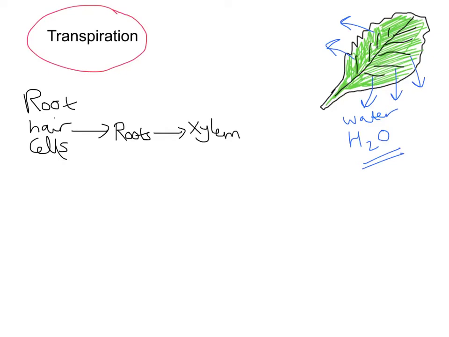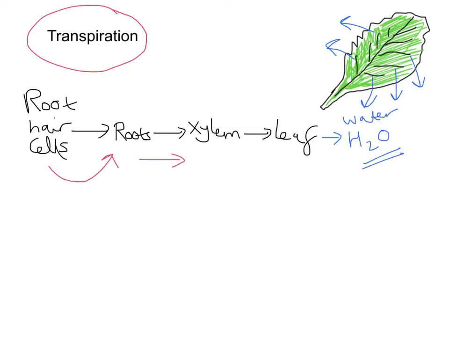Now the xylem are vessels that are continuous all the way up through the stem, up the plant to the leaf. So it would go through the xylem to the leaf, where it would then evaporate. So this is, briefly, in a nutshell, our transpiration stream. We're going to have water coming into the root hair cell via osmosis, passing to the roots, and then along this transpiration stream.